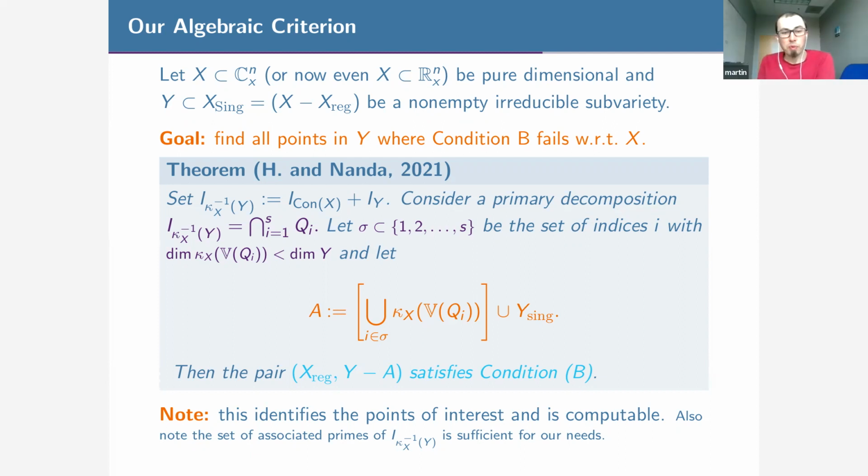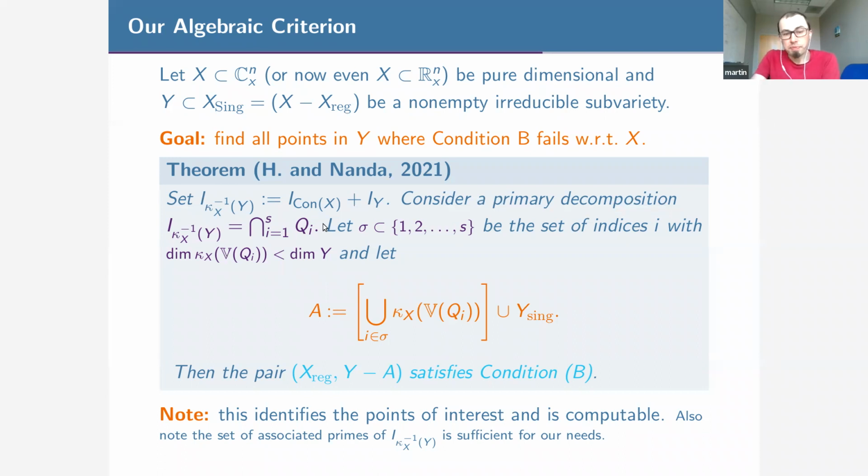Yes. So this gathers together, and that's the important point, in a computable way, all of the points where condition B can fail, and we can actually write down equations for all of these things. In particular, singular loci we know how to compute just by taking the minors of a Jacobian matrix.